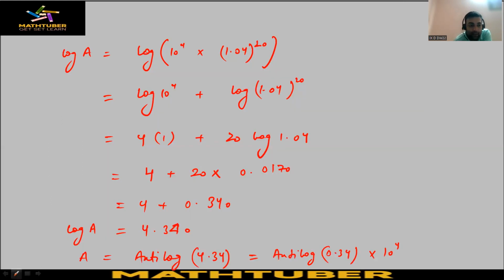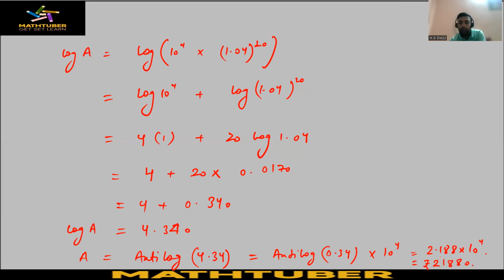So we will write here 2.188 into 10 raised to power 4. This will be your answer, or you can say 21880. This will be the amount in rupees. Right, so the amount will be 21,880 after 10 years if compounded half yearly.